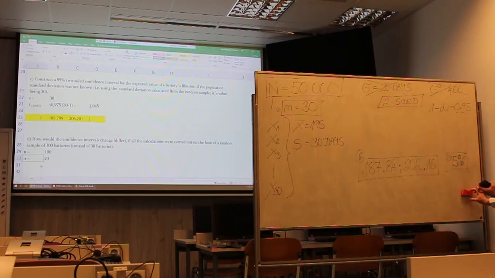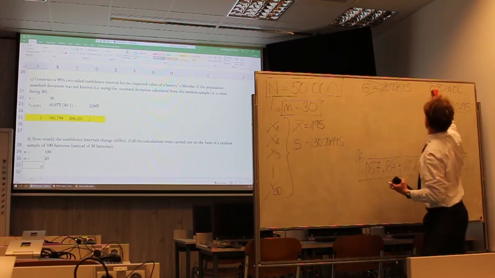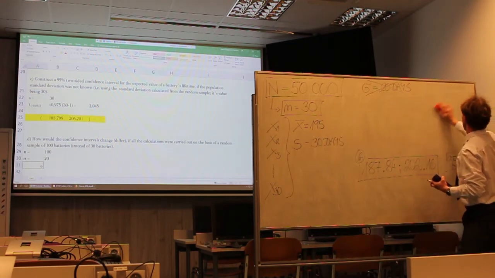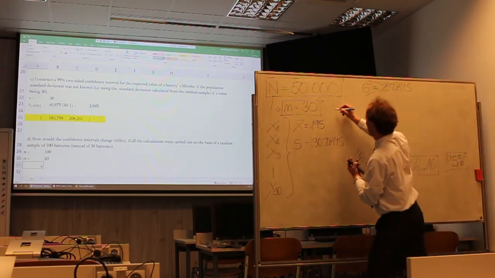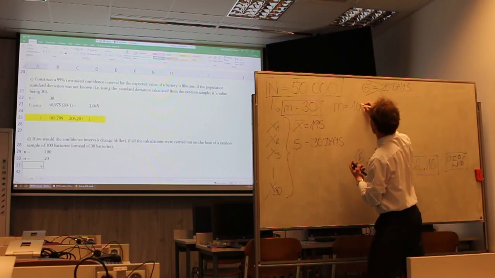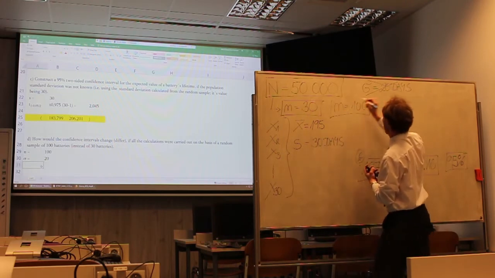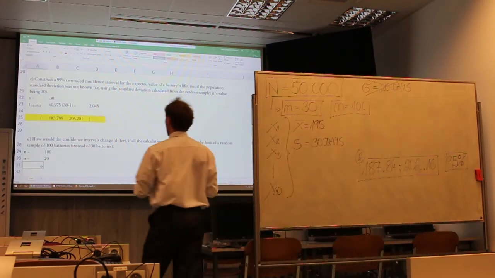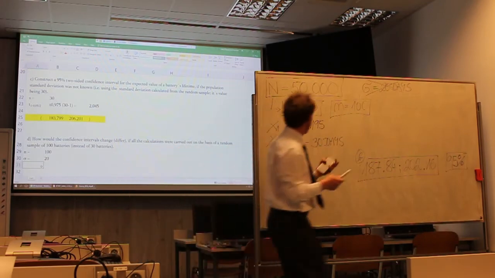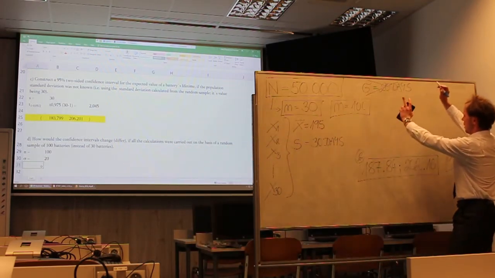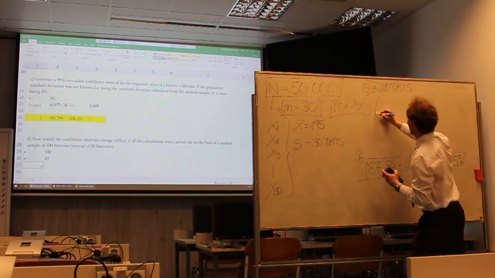We are using n equal to 100 batteries instead of 30, two-sided confidence interval.